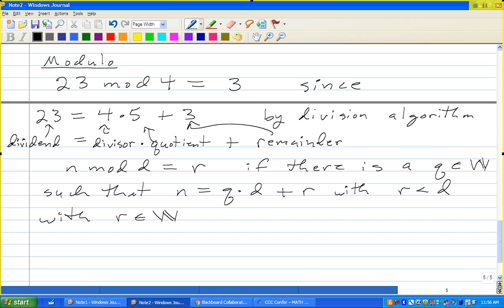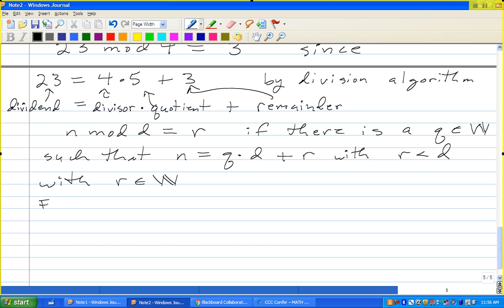Okay, so let me give you an example of what that is telling us. So suppose I looked at i to the power 23. Well, 23 is just 4 times 5 plus 3, right? That's what we saw. 23 is 20 plus 3, which I can write i to the power 4 times 5 plus 3, which is i to the 4, the power 5, times i cubed.